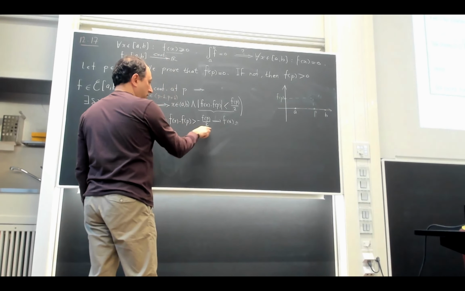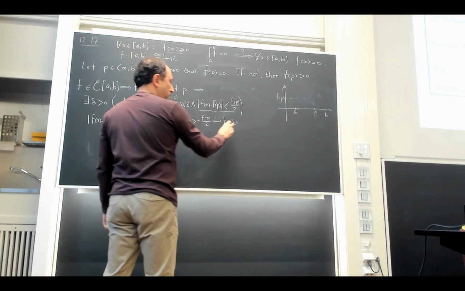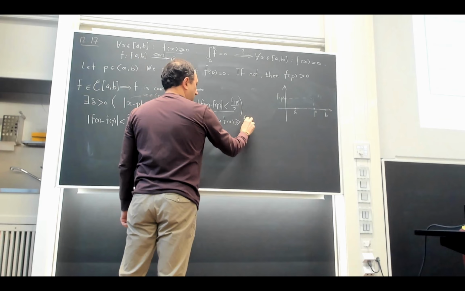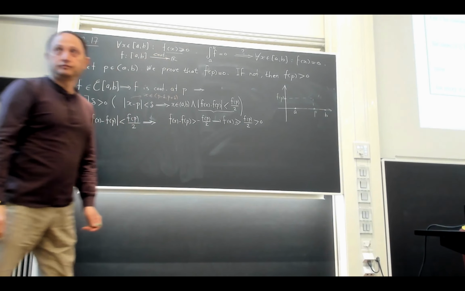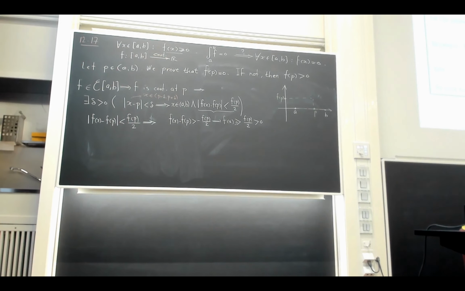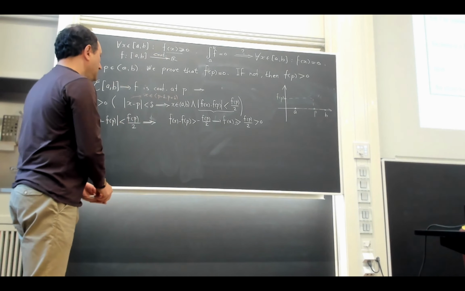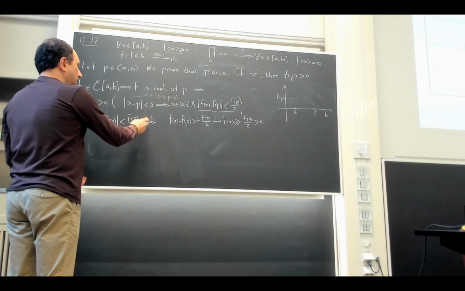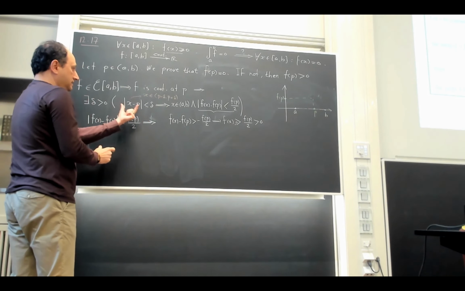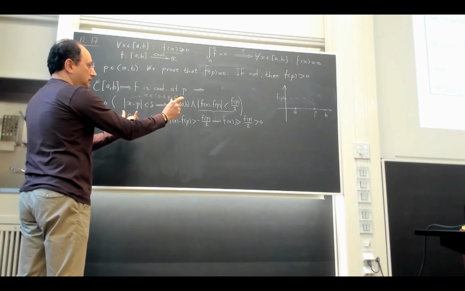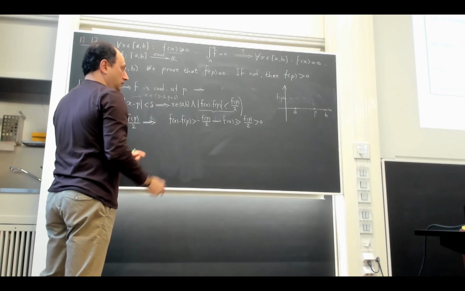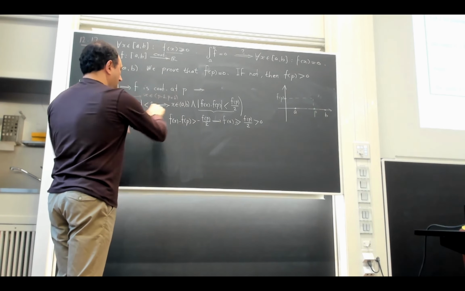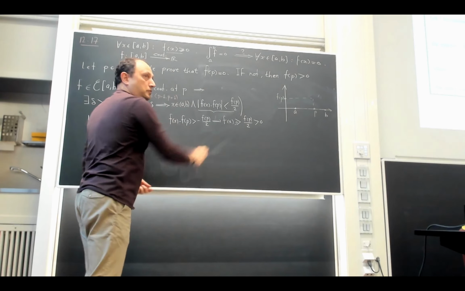If I move it to the other side, f of p minus f of p over 2 becomes f of p over 2, and then you know that this is positive. Why is it positive? Because f of p, according to you, should be positive. So what does it mean? It means that I can find a delta around p so that it is first of all inside my interval, and for every x in that neighborhood, f of x is positive.